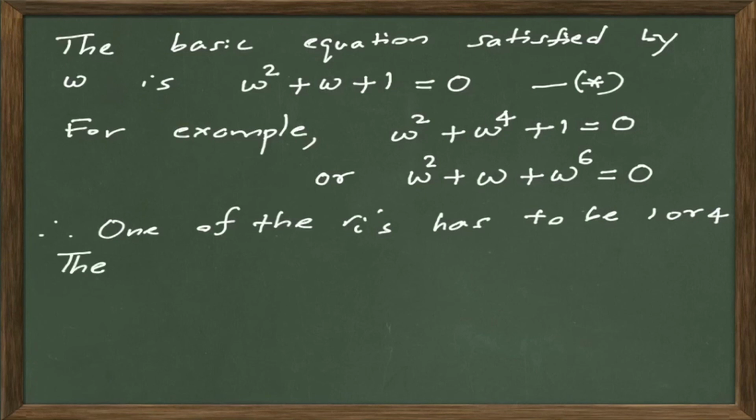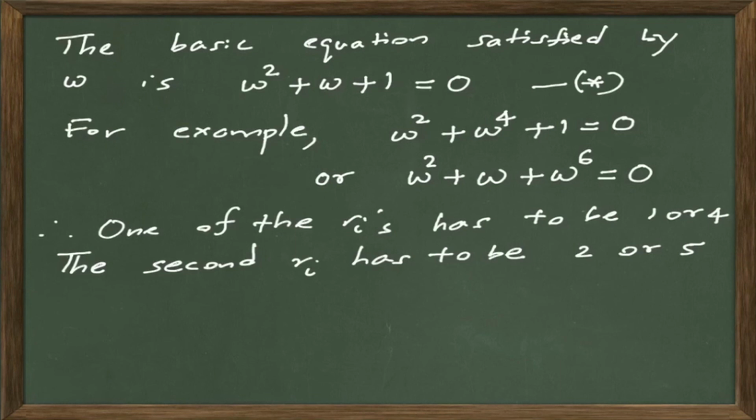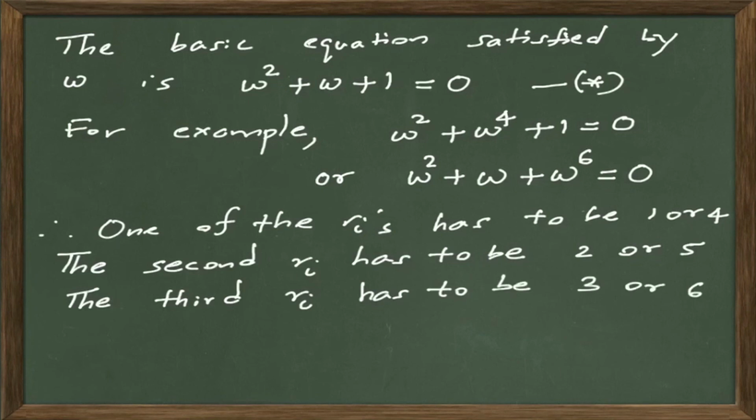The second Ri has to be either 2 or 5, while the third Ri has to be either 3 or 6.